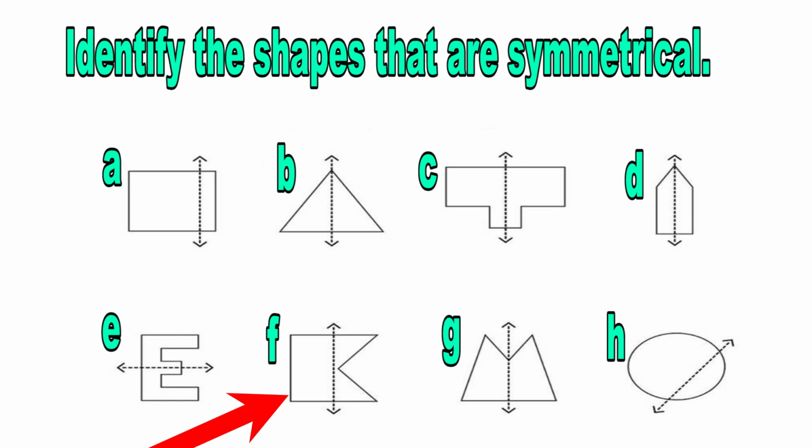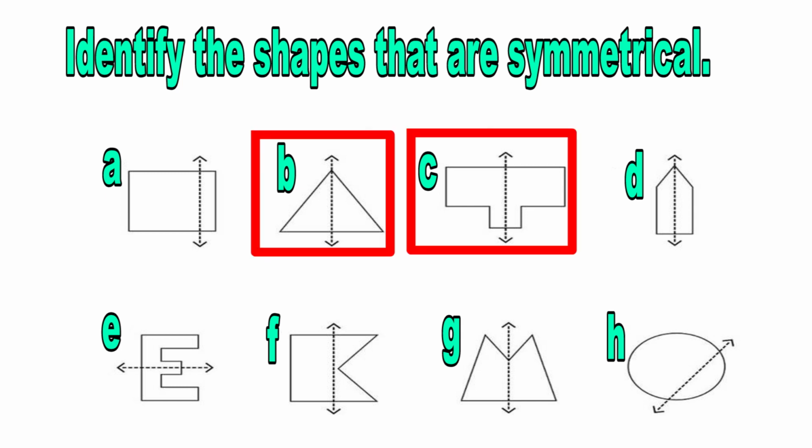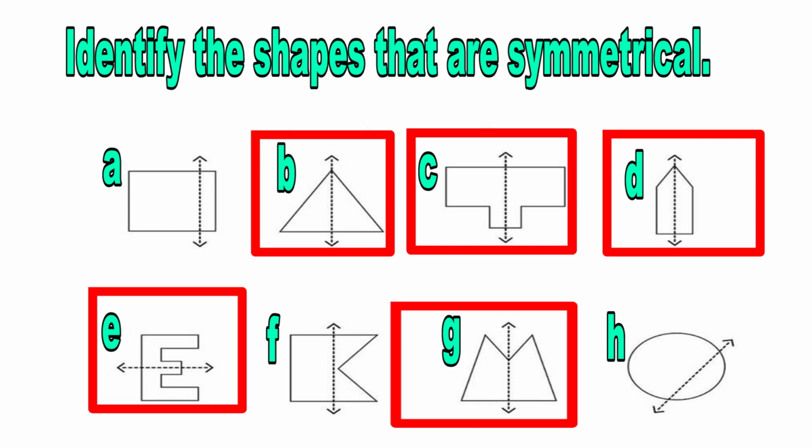They're not identical. Shape G is symmetrical because what is on one side is also reflecting on the other side, while shape H is not symmetrical. So there you have it, boys and girls. The shapes that are symmetrical are B, C, D, E, and G. So if you guessed those shapes, then you are correct.